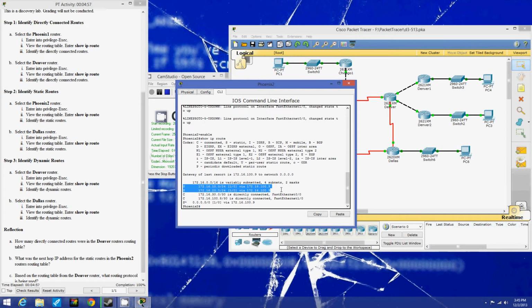With static, you have to go in and set the IP addresses manually. 172.16.10.0/24 via 172.16.100.9. We had to go in there and put that in. Same with this one. That's a static route, found that it was manually put in.